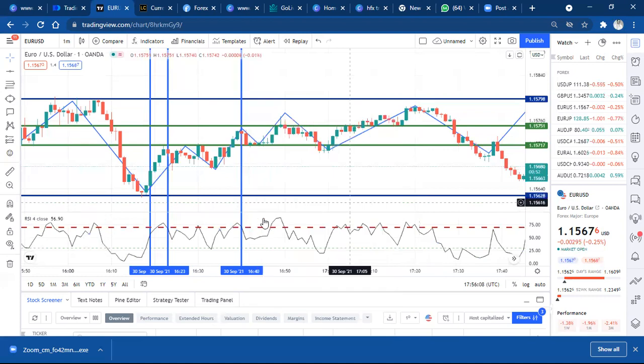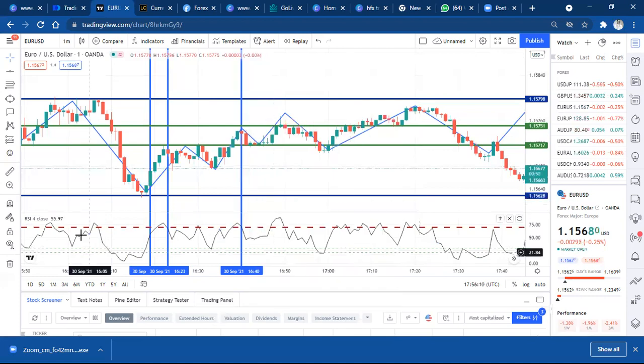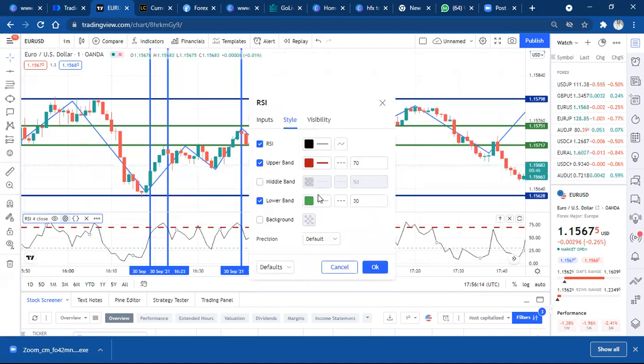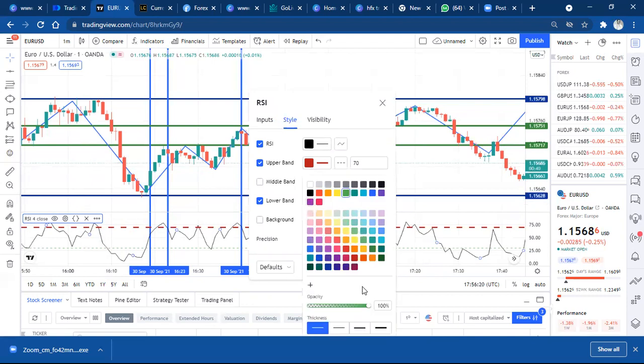Some people allow their middle bands to show, some don't. I don't really. I want definitive movement. So basically, you want your lower band to be blue or green, whatever you set it to be.